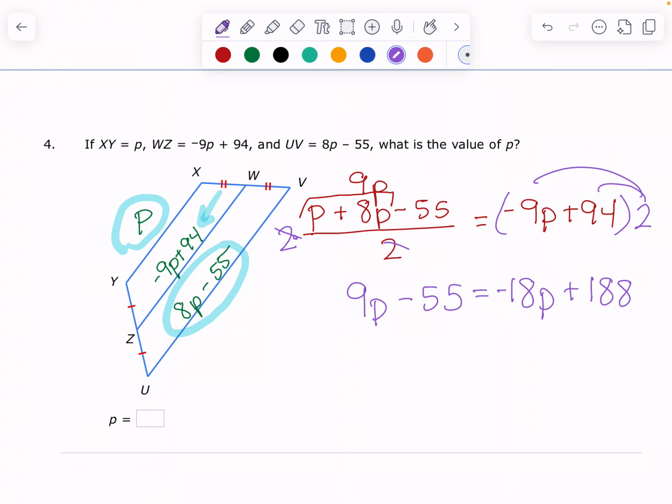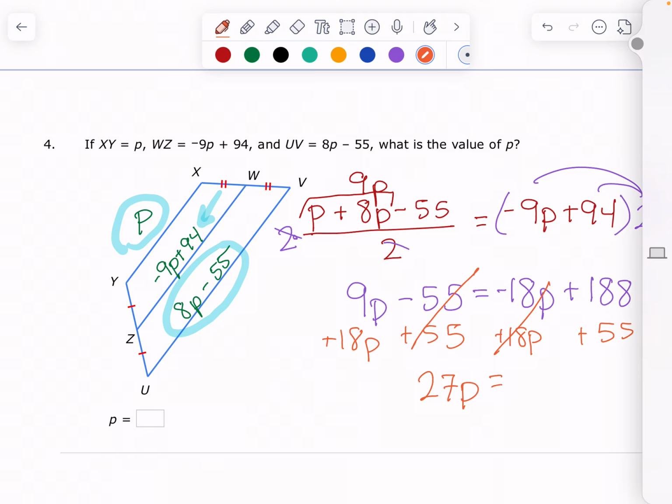Good, and then we're just going to solve for p, right? So let's see, goes back to algebra 2. We're going to add 18p, so that those will cancel out, add 55, so those will cancel out. 9 plus 18 is 27p is equal to 188 plus 55.